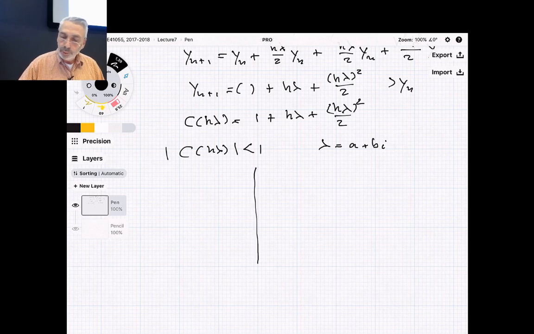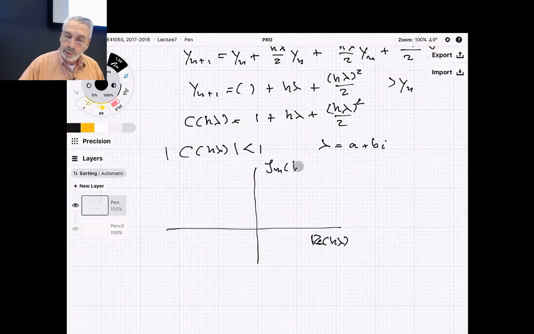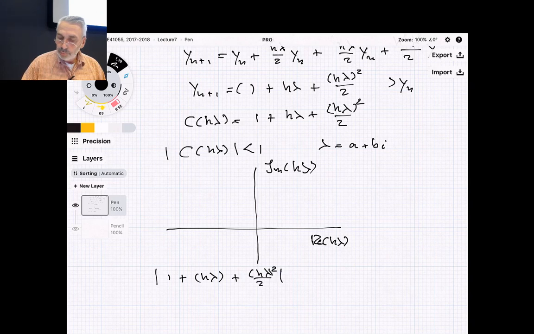And then if we plot that in the complex plane, so real part of h lambda and here the imaginary part of h lambda, then what do we get? Well, let me write it down again: 1 plus h lambda plus h lambda squared over 2 equals 1.